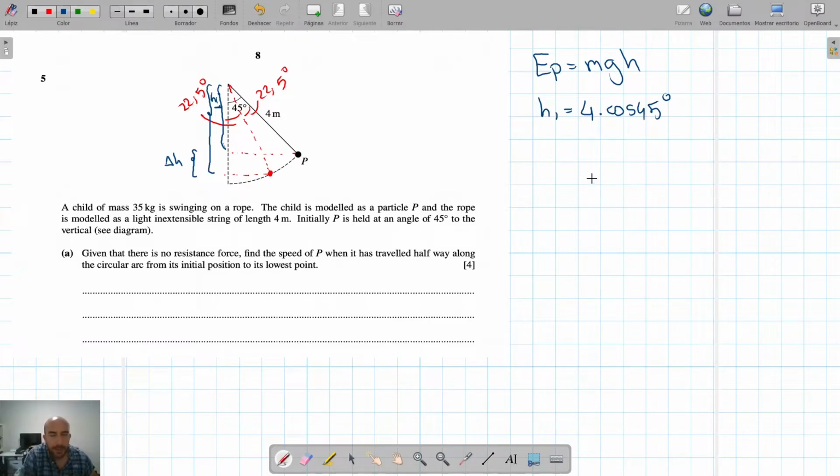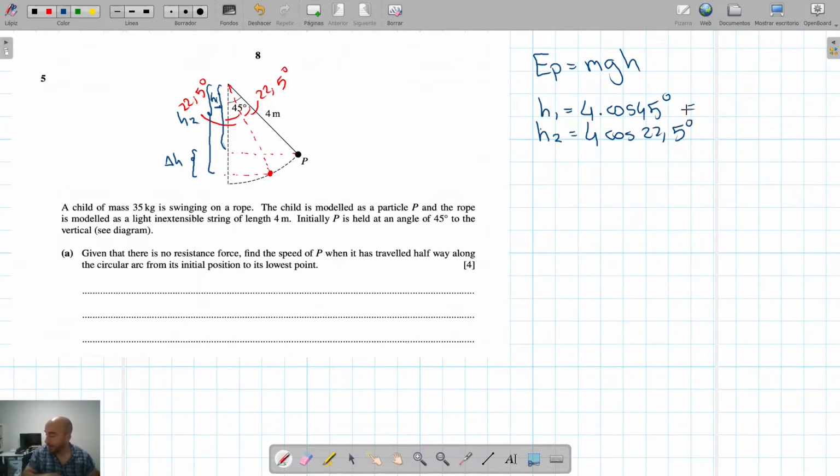Okay, and the height that it has now, we call this H2, is 4 again times the cosine, but now of 22.5.